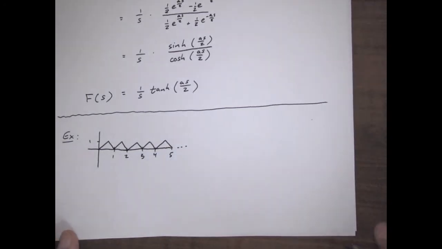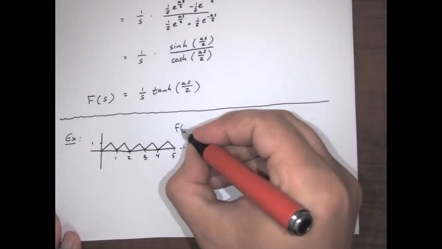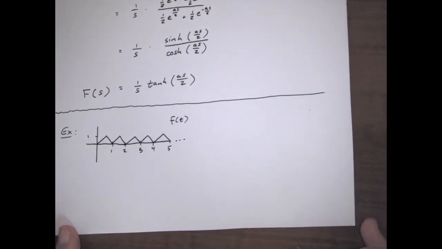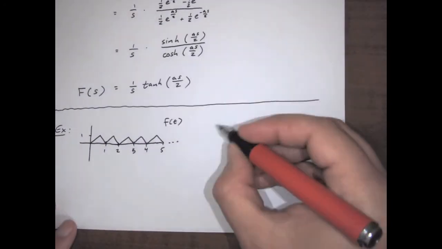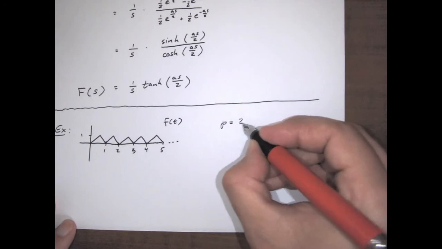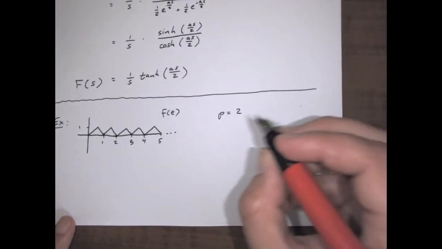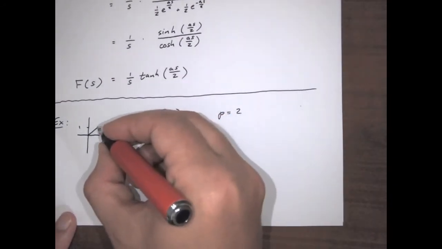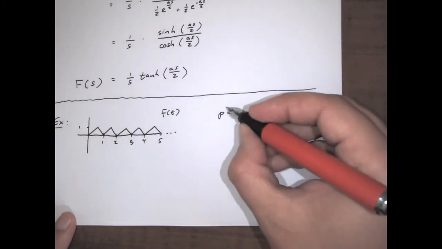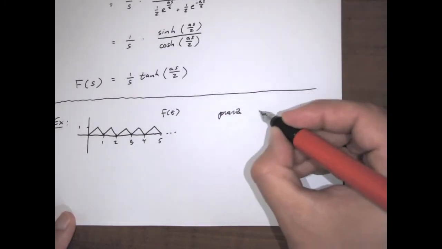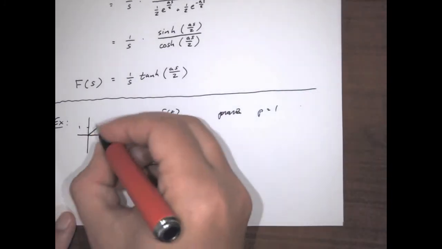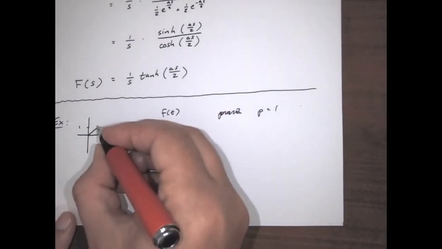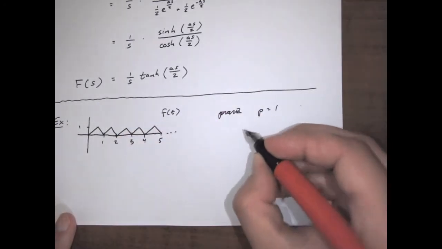And it just keeps going. Okay, so this is going to be our function. Well, first off, the period here is 1, I should say. And one whole period means 2 sections, an upstroke and a downstroke.